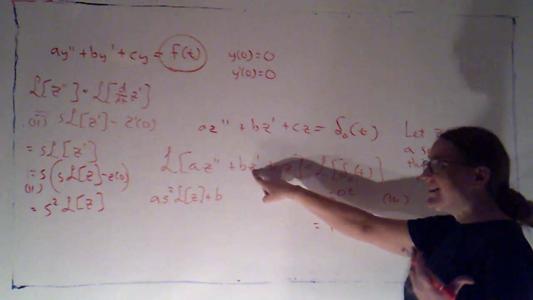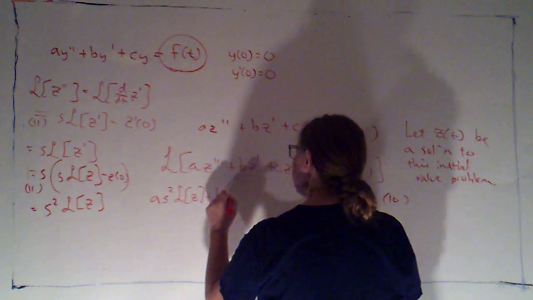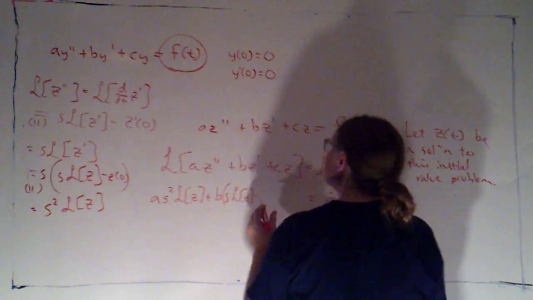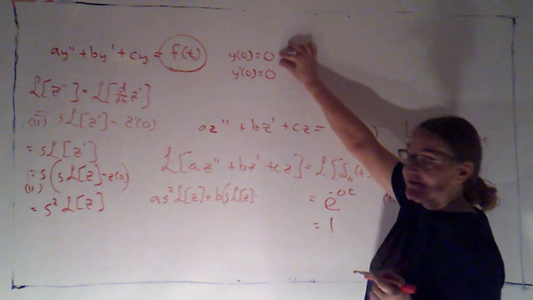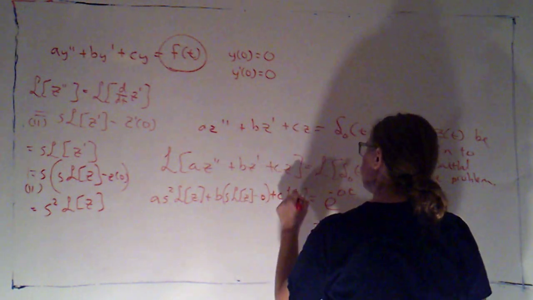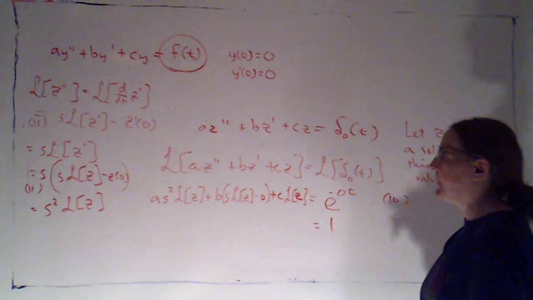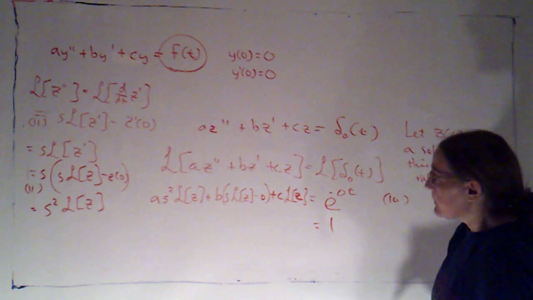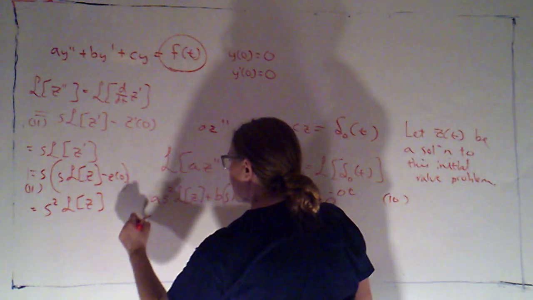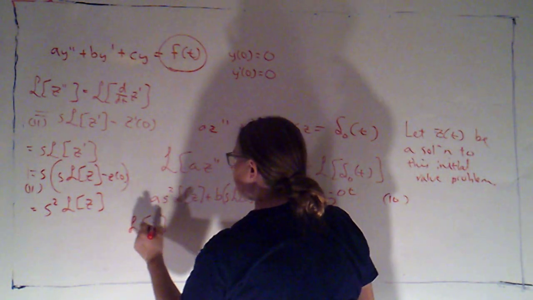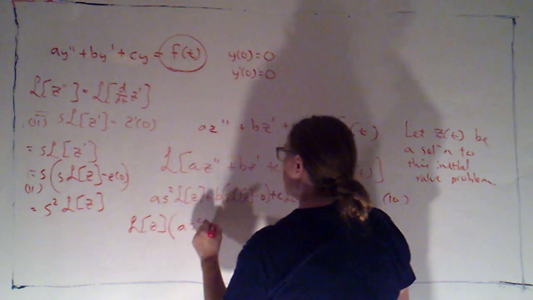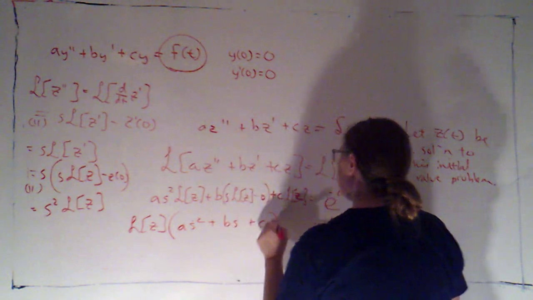Again, using formula 11, that's going to give me s times the Laplace transform of z minus z at 0, which is just 0, plus c times the Laplace transform of z. So if I factor out the Laplace transform of z, I'm getting the Laplace transform of z times as squared plus bs plus c.